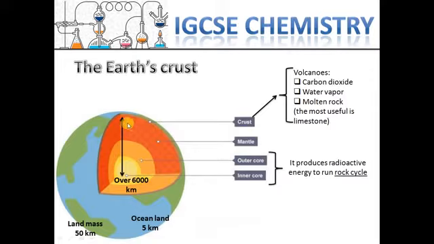And the inner core and outer core, both of them are part of the core in the center of the earth. It produces radioactive energy to run a rock cycle.